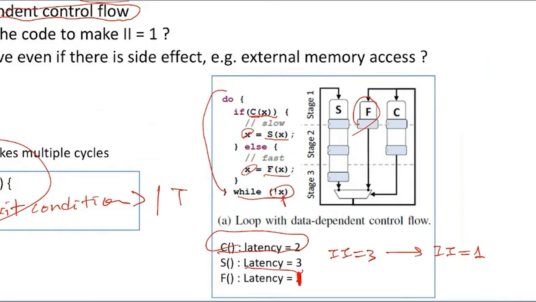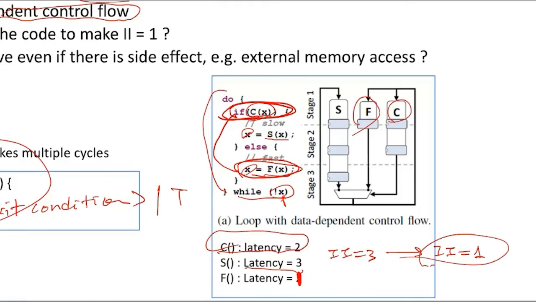That's speculative. Speculative means we always assume, for example in this equation, that it's going down the fast path. In this case, you continue to run with II equal 1 until 2 cycles later, when you find out the condition C chooses the slow path.